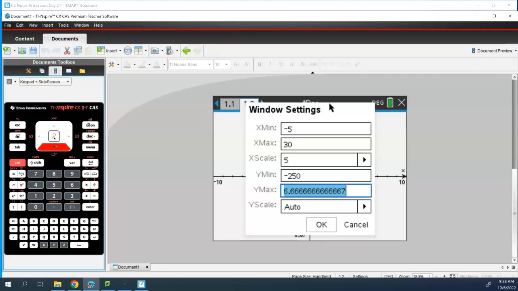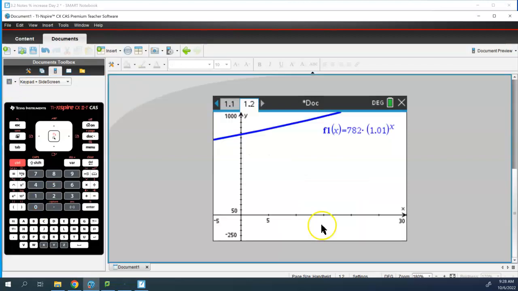What do we think for a maximum? But not a million. It would be like 1,000, right? Yeah. Okay. So we could go 1,000 here. And then my scale here is going to be, I'm going to go back to 50s. And then when you hit OK, now you should see part of your graph.